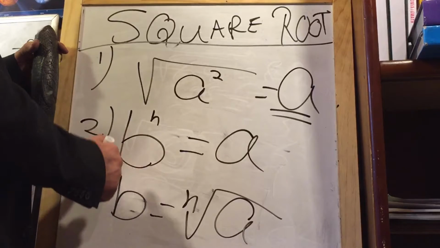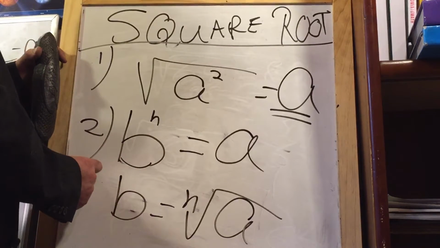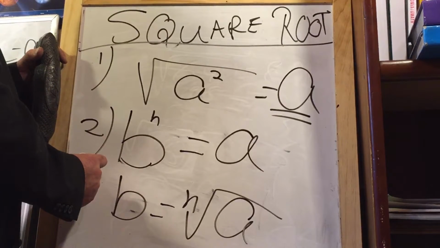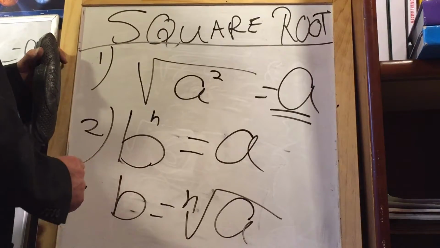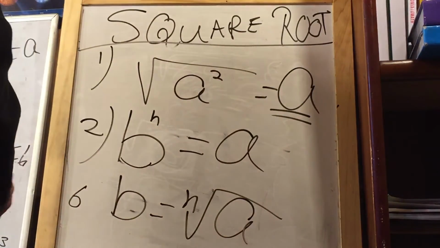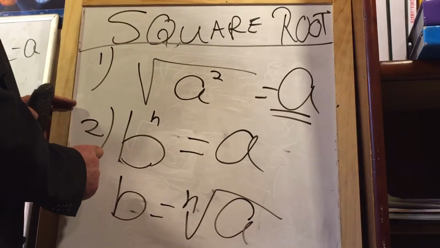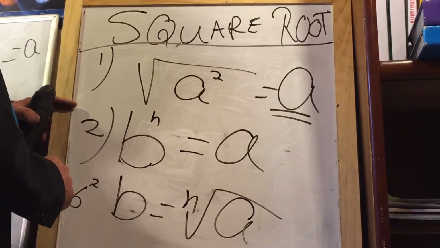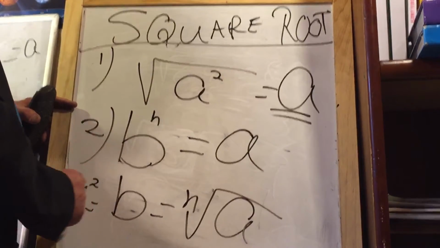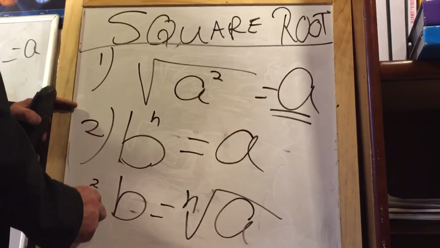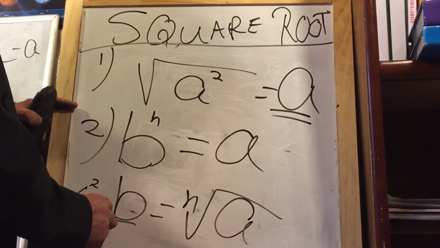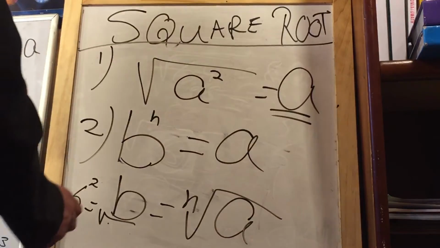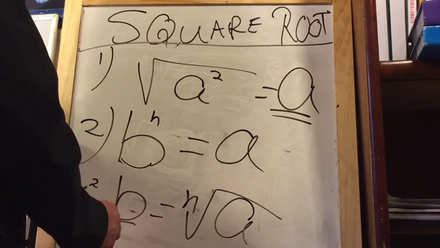If b is a number like, let's say, 6 and has exponent 2, for example, this is equal to square root of 36.